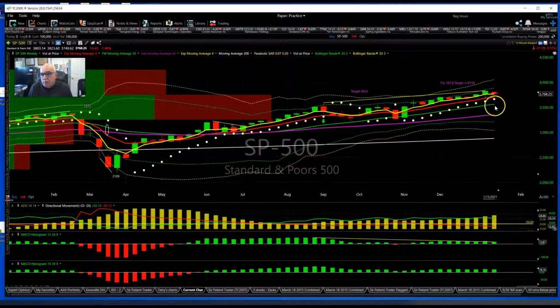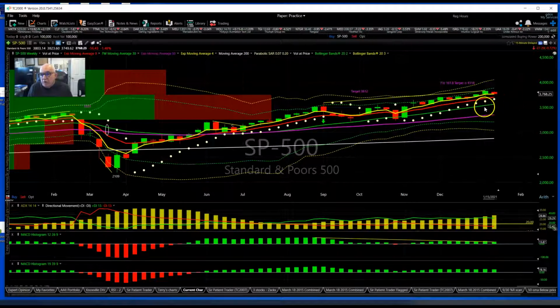The parabolic is called a parabolic stop and reverse, so that if you have an uptrend and the dot goes above the next bar, you say that the trend is now reversed. It's stop and reversed, a downtrend. But so far it hasn't. We still have a nice uptrend going on the parabolic.